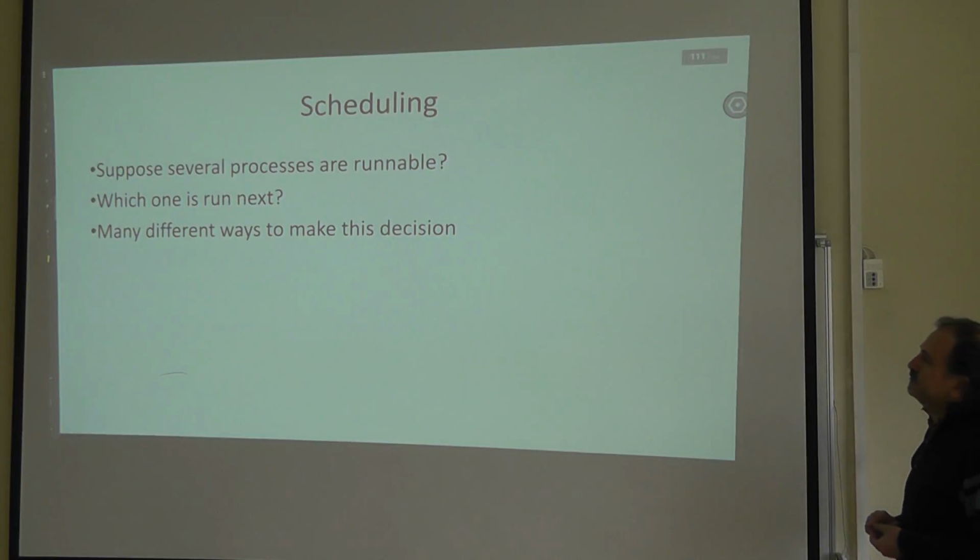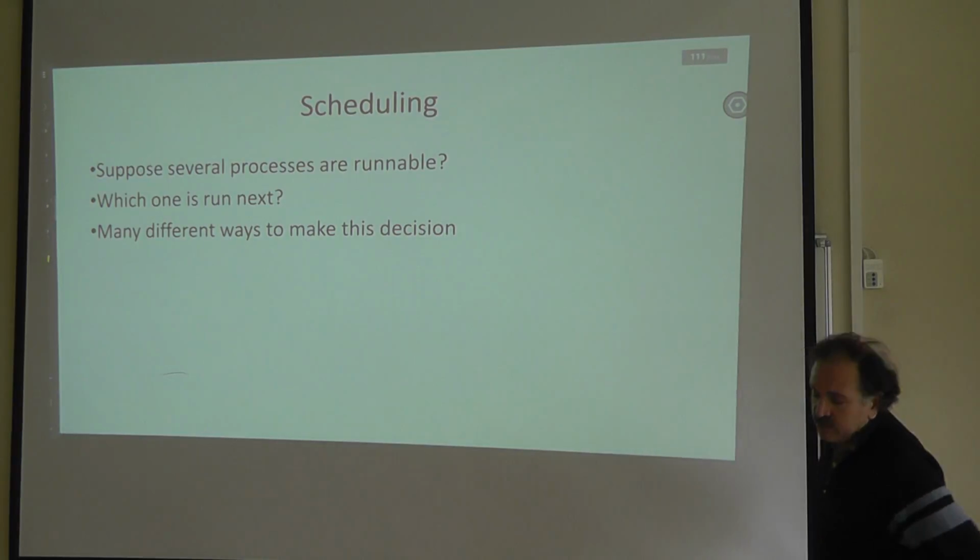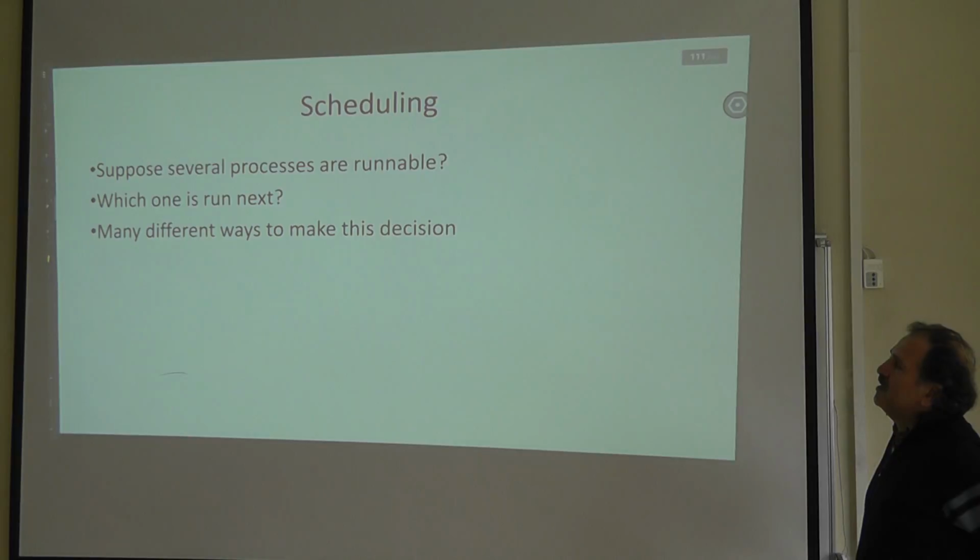These are the questions. I have several processes runnable. They are available to run. So which one should I pick next so that it will run? Okay. So many different ways to make this decision. And to make this decision, we need to set up many different criteria.